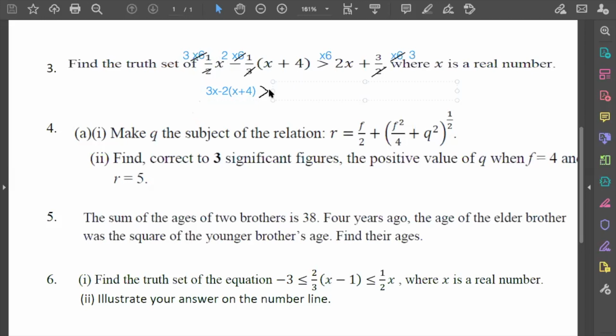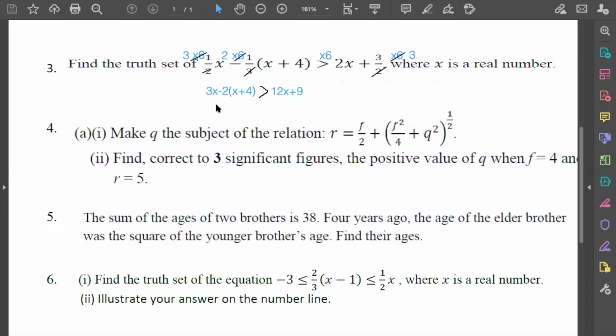So here I have 12x plus, what is 3 times 3? 9. So this is what I have. Very, very easy. Now the next thing is to expand the bracket.